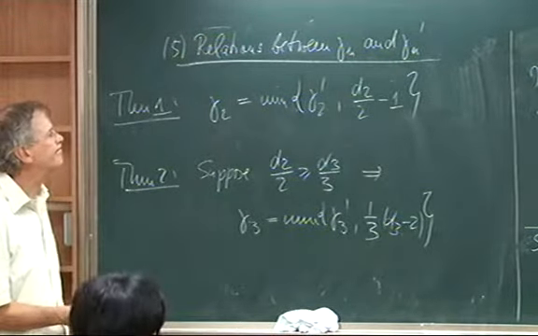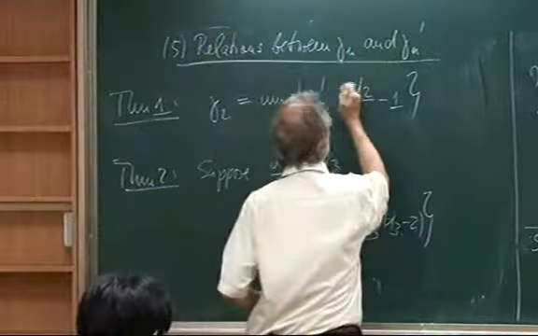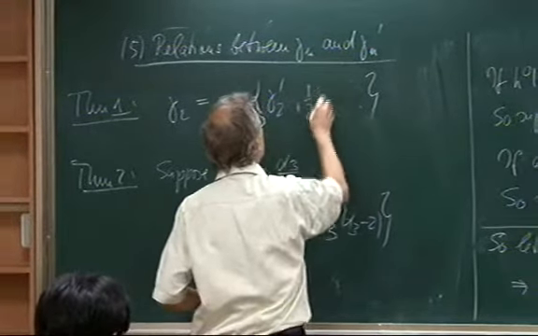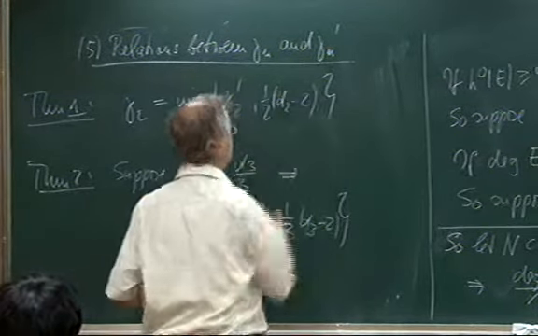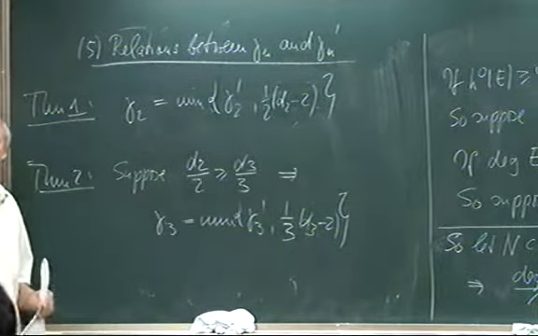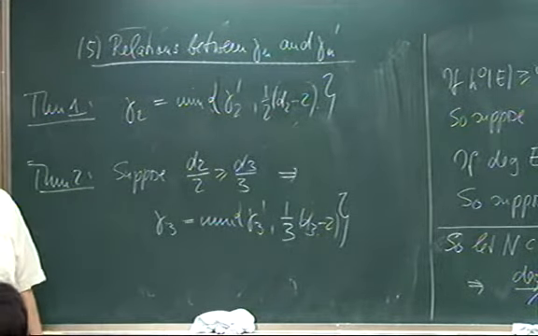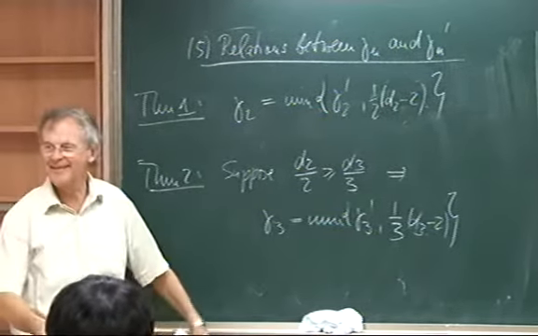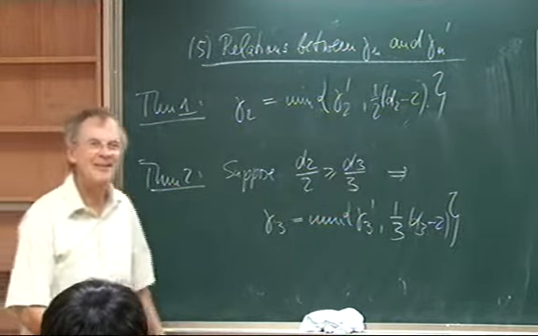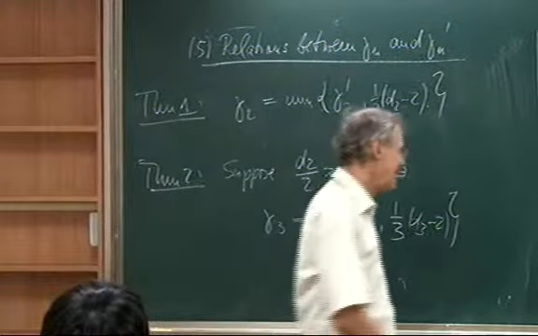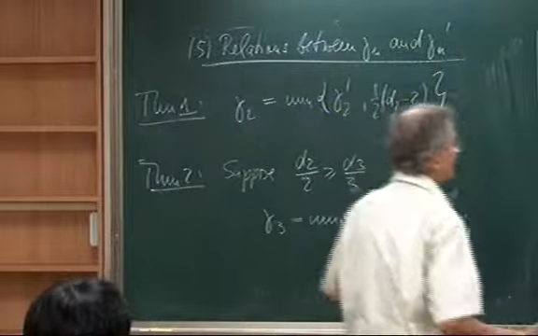Right? So this we could write also as 1/2 d2 minus 2. So at this point we thought there is a pattern. Maybe we can prove a general theorem, right? So next theorem.